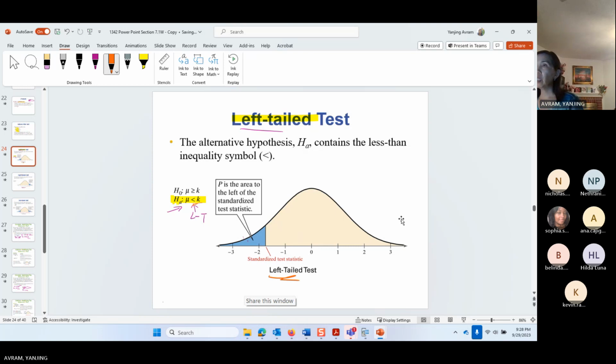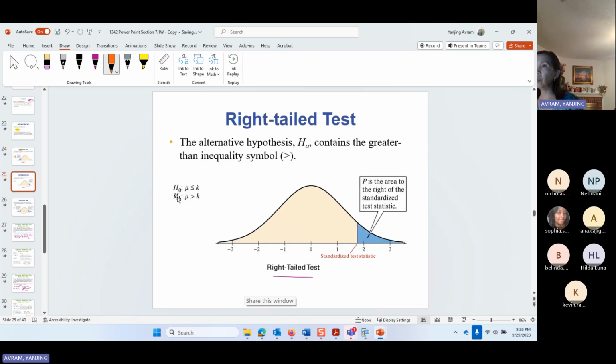All right. Remember we only look at the alternative hypothesis. If the alternative is greater than, that's the right tail test, so you are testing the area to the right. Okay, so that's called a p-value. The p-value will be the area to the right here.